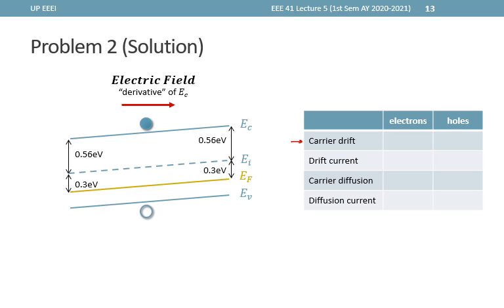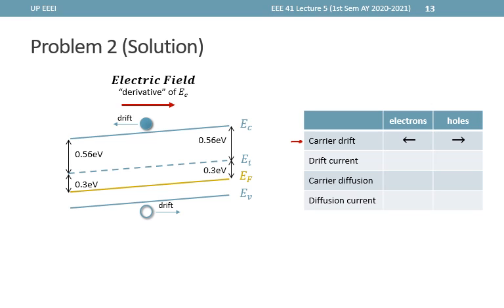And since the electric field is rightwards, it must be pulling the electrons to the left and pushing the holes to the right. Now again, to imagine drift, we can simply use the balls and balloons analogy, and therefore we can say that the electrons must be drifting to the left while the holes must be drifting to the right.